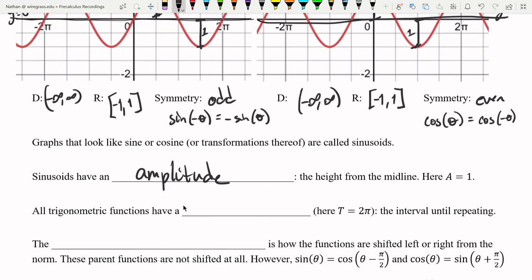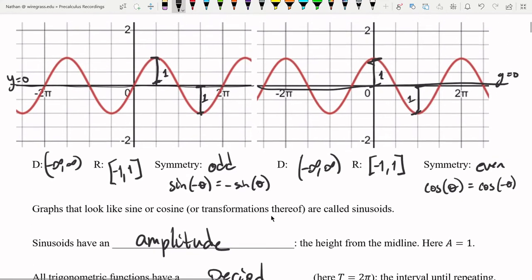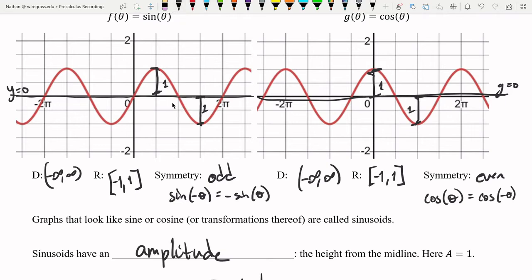They also have a period. And for these basic sine and cosine functions, the period is 2 pi. So it's 2 pi periodic. That's the way we say it. Every 2 pi, we start here at 0 and we go up to 2 pi. This behavior repeats itself.